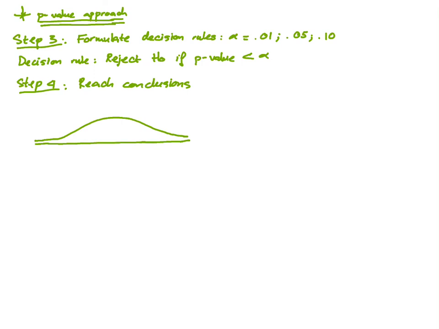So we're using the z-table. Our test statistic is 2.11, right? So if you recall from a video earlier, when we have a two-tailed test, the first thing you want to do is you want to identify the negative of the test statistic. So in this case, you want to identify negative 2.11.